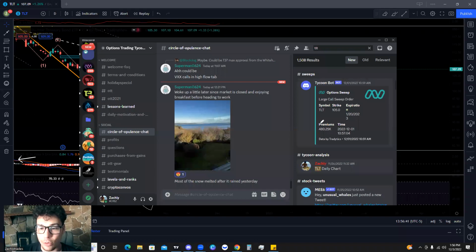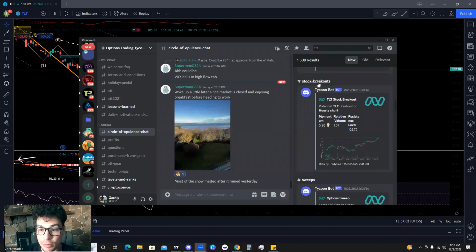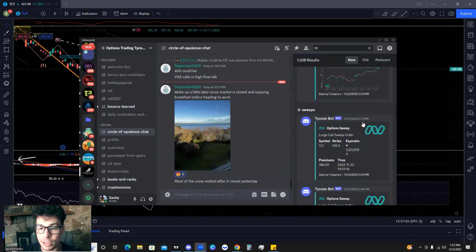And this was $480,000 worth of premium, right, on call options for TLT. Then we have over here, we can see again, we're seeing some more bullish activity right here on TLT. We had $5 million in TLT calls right over here as well. And then what else? Just even on the breakout chart, right, it's showing TLT is breaking out.